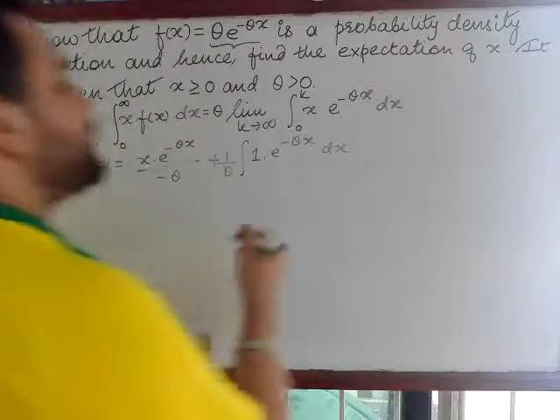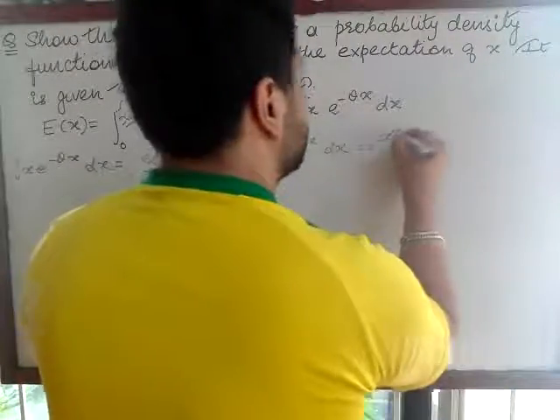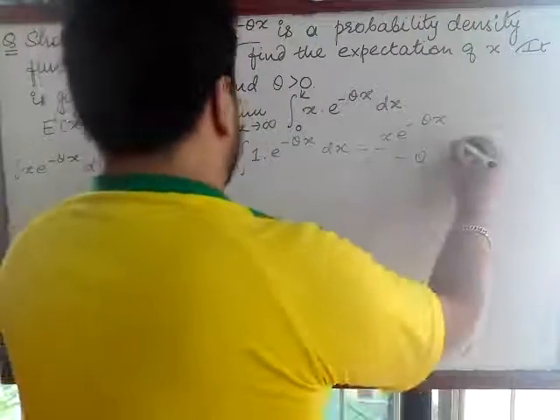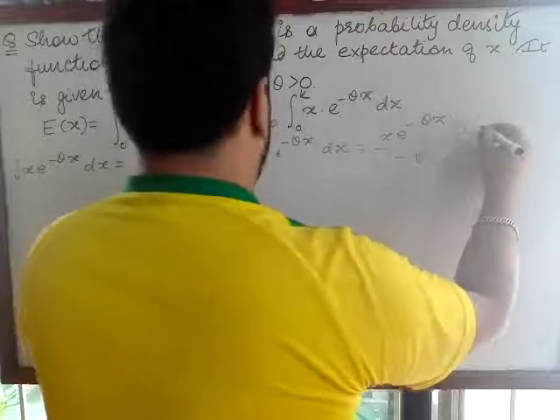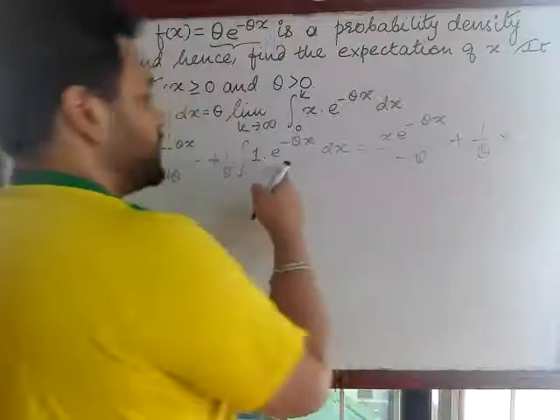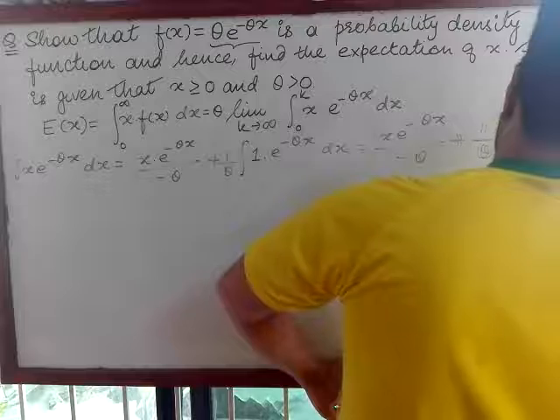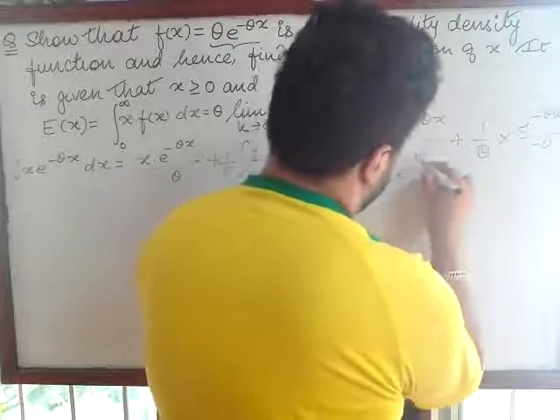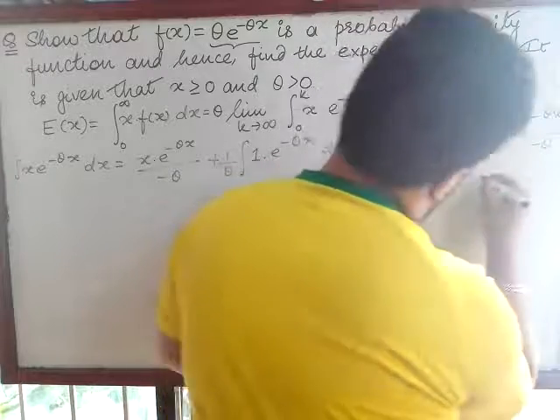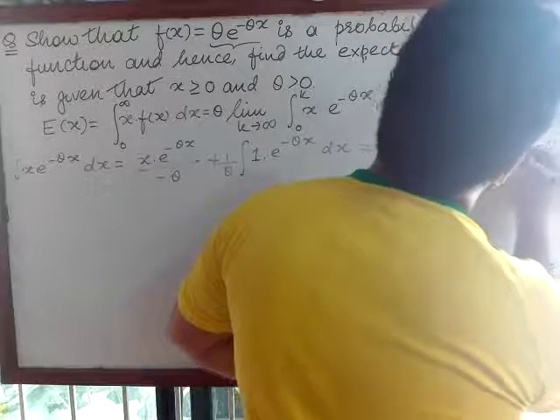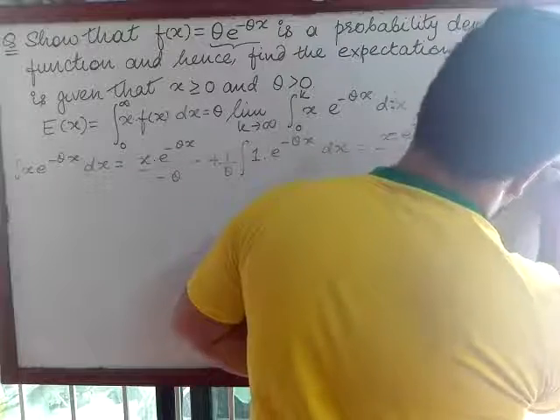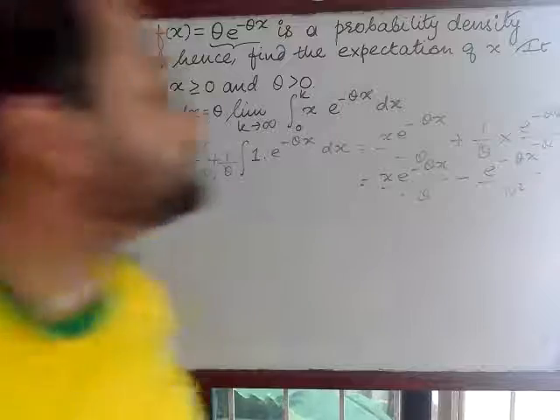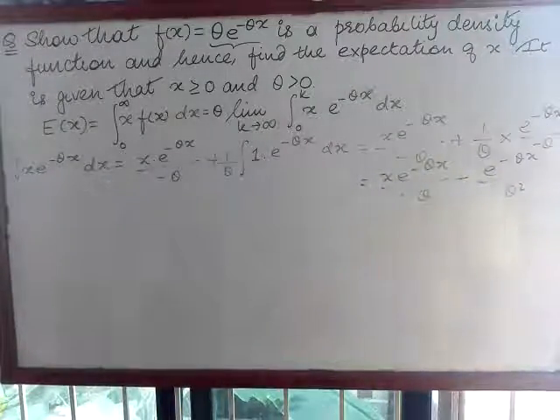So this is basically x e to the power minus theta x over minus theta, plus 1 by theta times e to the power minus theta x by minus theta. So it simplifies to something like this: e to the power minus theta x over theta squared. All right, quite good.